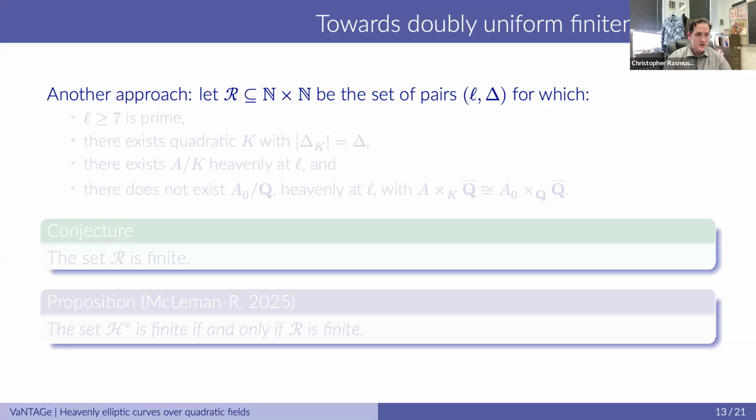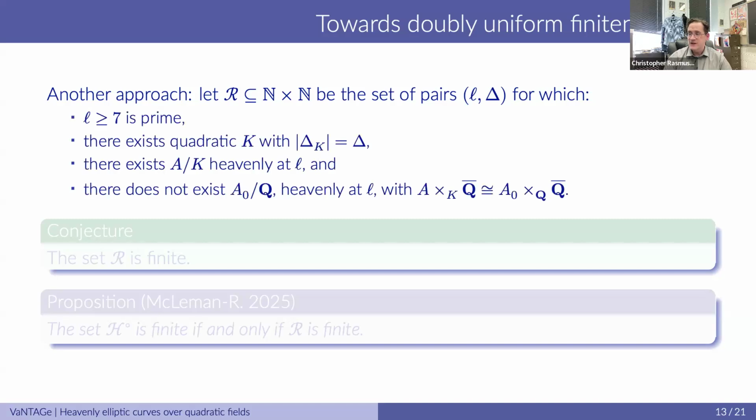If I pick a quadratic number field K and a particular prime L, do I expect there to be any heavenly elliptic curves at that prime L over that number field, not already represented by something that was heavenly over Q? So this final bullet point is the same restriction essentially that I put on the set H circle on the previous slide.